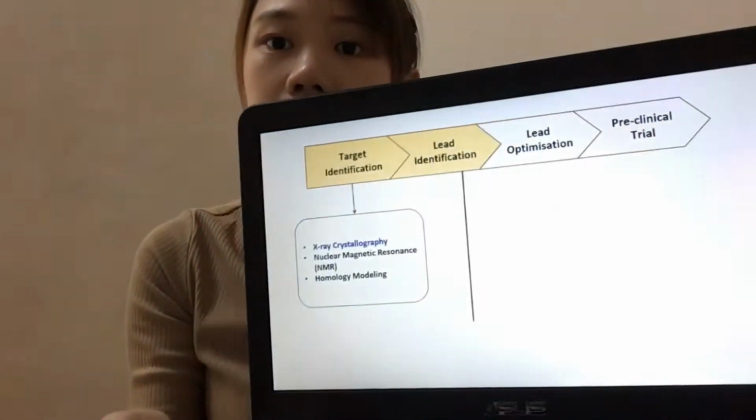Right now I will share with you about the drug development process. There are mainly 4 main processes in drug discovery. You can have a look at my laptop here.